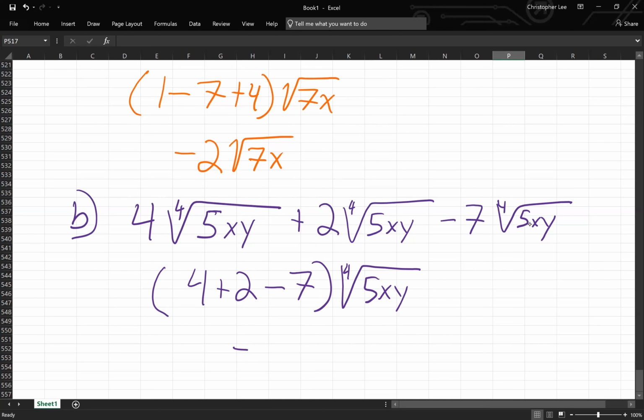So negative 1 times the 4th root of 5xy. You can also just say negative 4th root of 5xy. That's completely correct as well, without writing the 1. I would accept both answers.